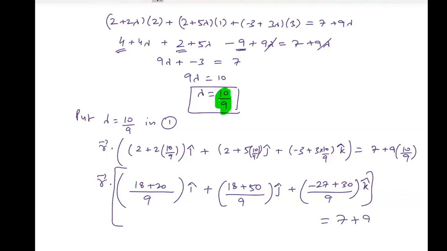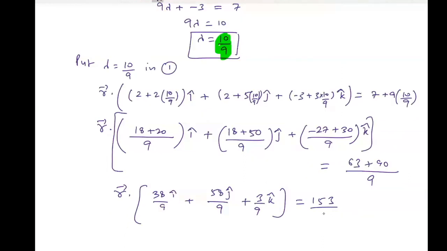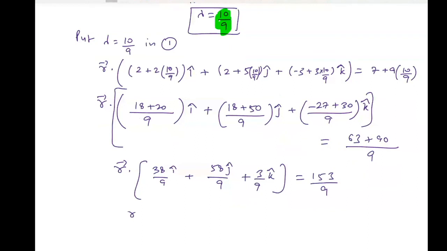So we take LCM 9: 63 plus 90. That's very simple. This is nothing but 38 i cap by 9 plus 58 j cap by 9 plus 3 by 9 k cap equals 153 by 9. You just multiply both sides by 9, and you will get this.